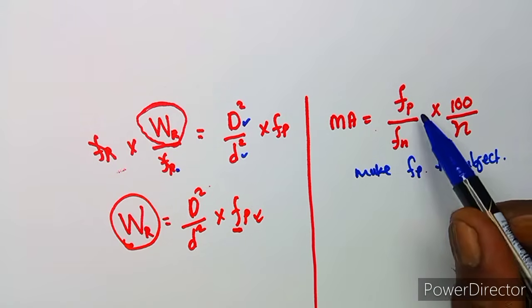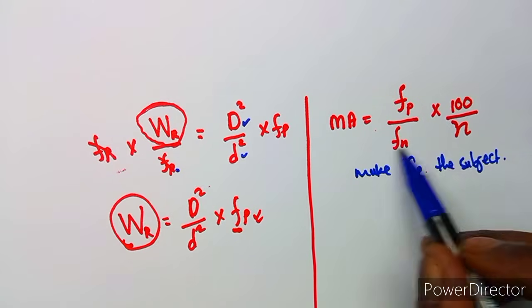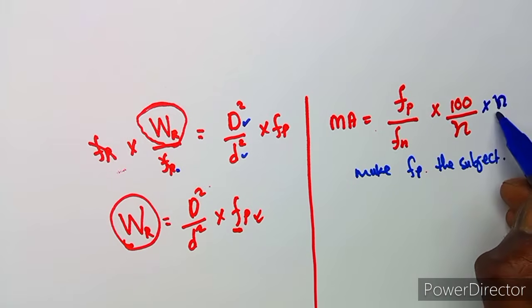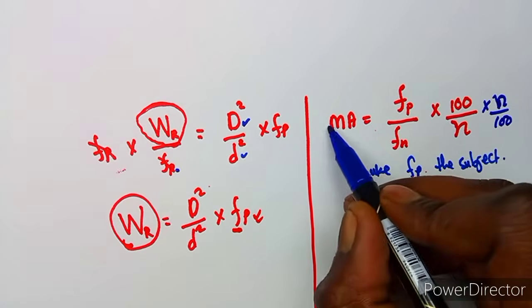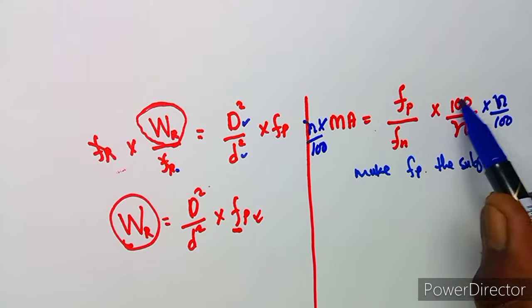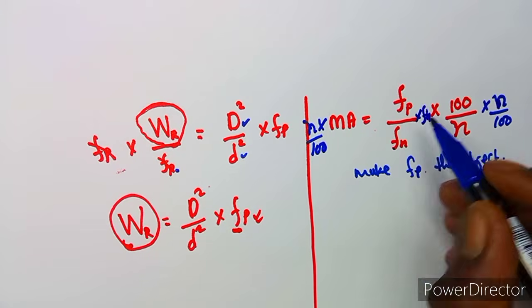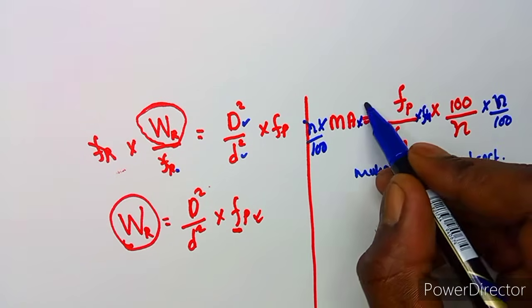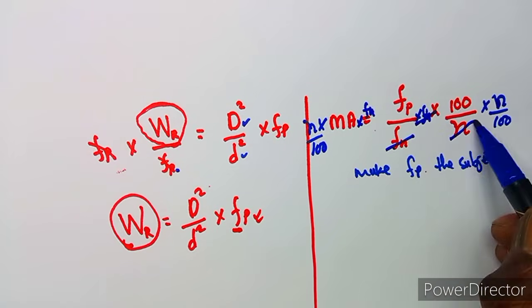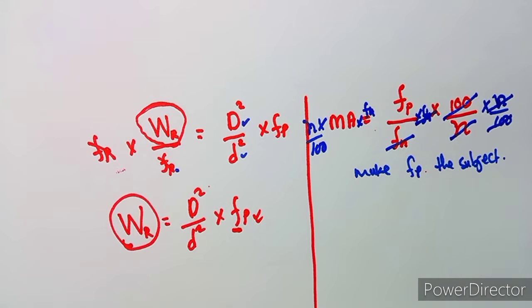So how are we going to do so? Guys, let us just remove this efficiency, so you can multiply by efficiency over 100 here, so that we can remove this. To remove FH I have to multiply by FH here. So this can cancel, and this can cancel. You just remove by the inverse.